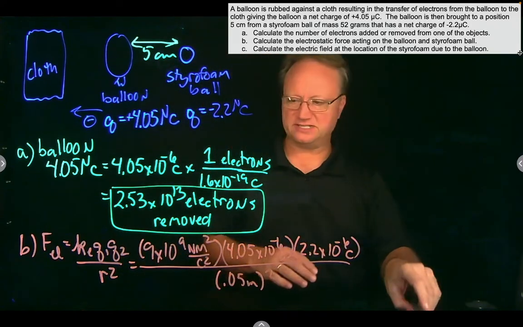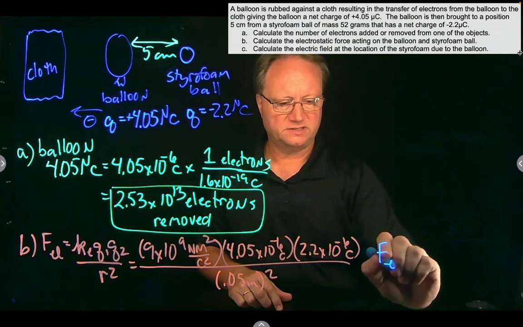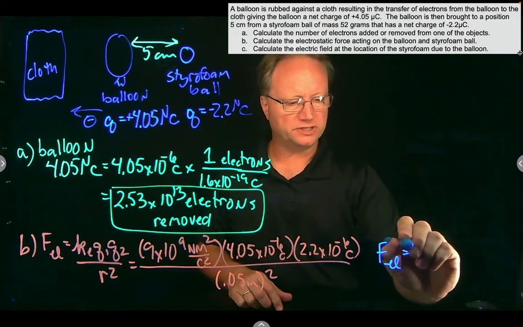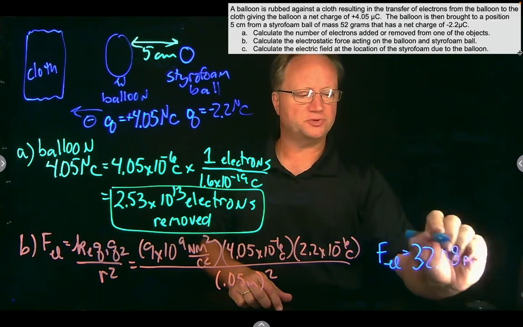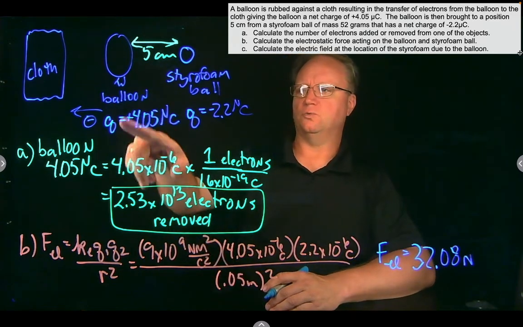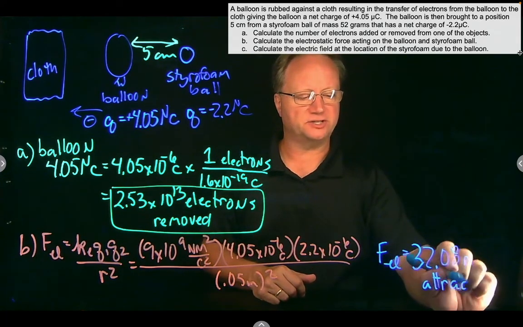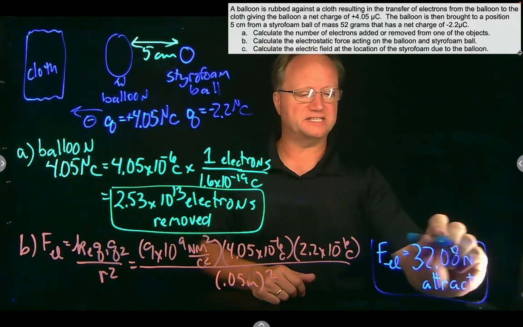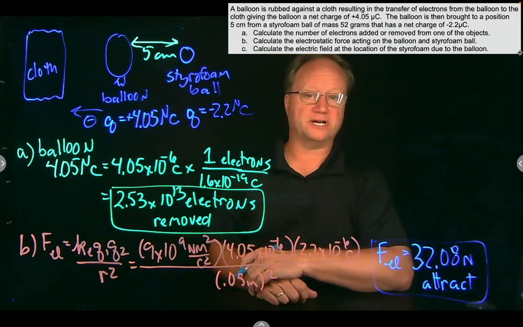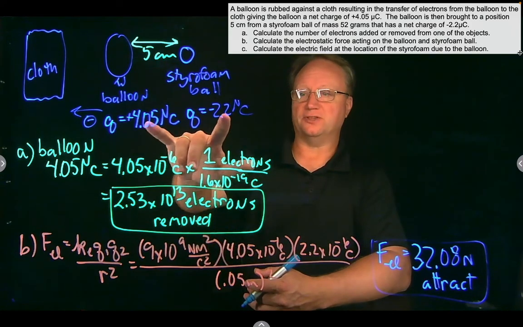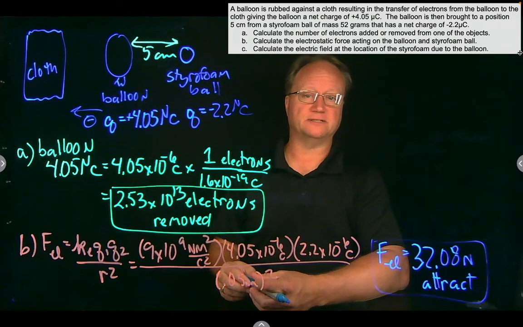That's going to give us a force of 32.08 newtons. As we said when we started, one's positive, one's negative, opposite charges attract each other. So there is no positive or negative sign on our final answer, but there is a vector direction of the force as to whether they are like signs or opposite signs, whether they attract or repel.